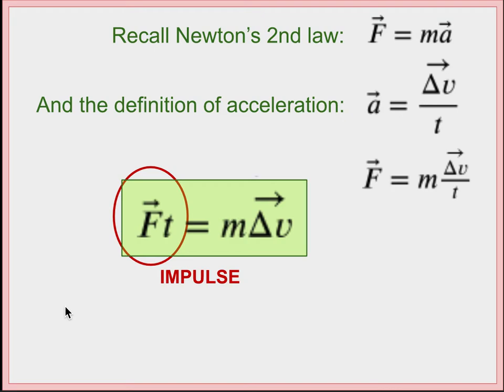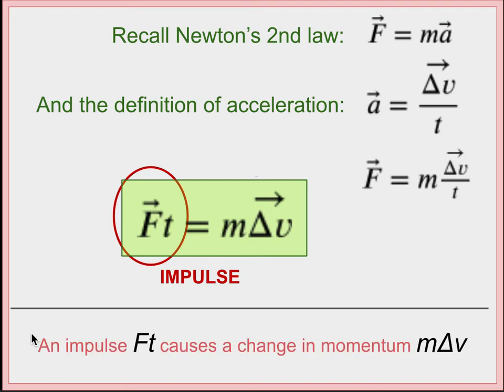It includes how much time that force is being applied. And what that impulse does is it causes a change in momentum. So in the same way that forces caused change in motion, caused accelerations, we can instead kind of flip it a little bit and say that this impulse, Ft, causes a change in momentum, m delta v.